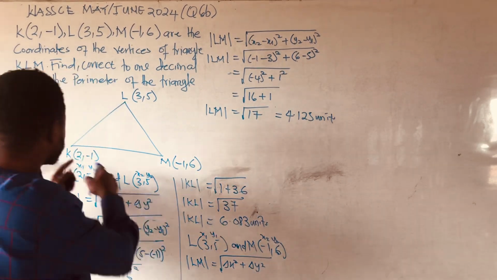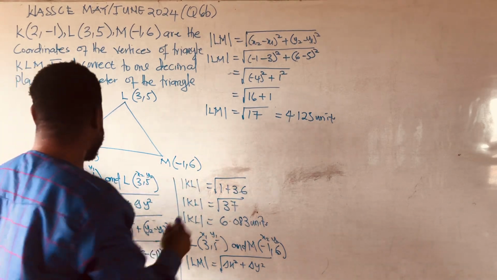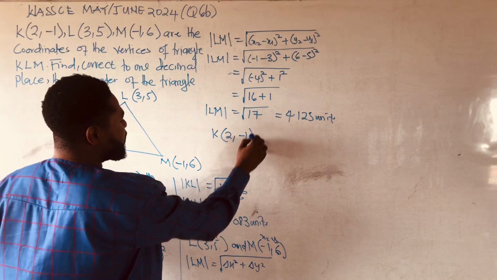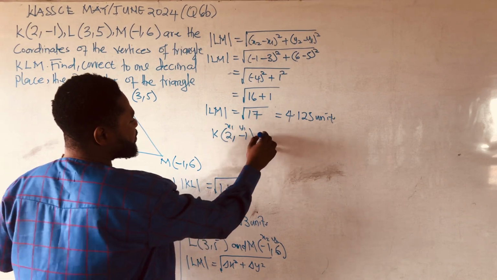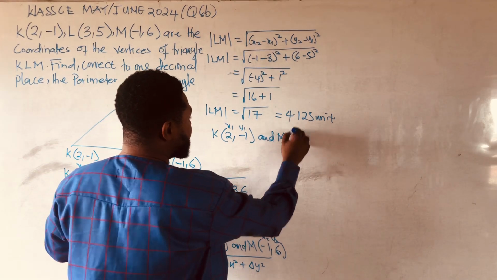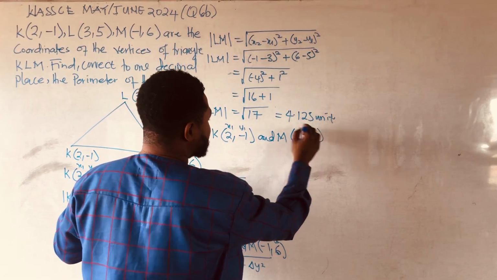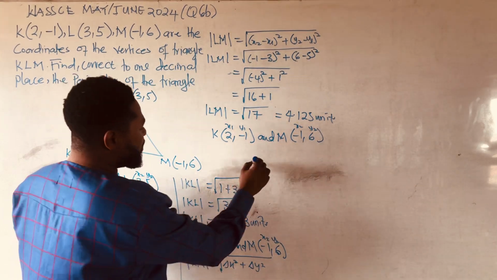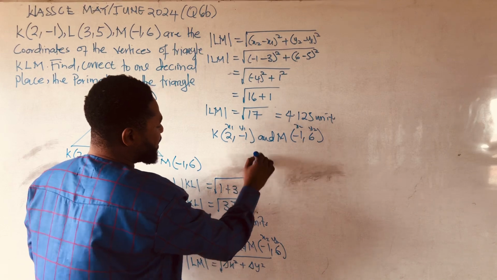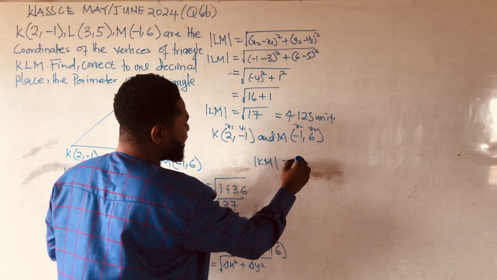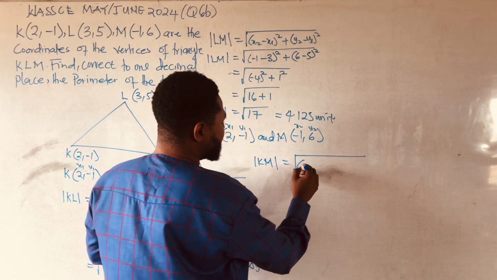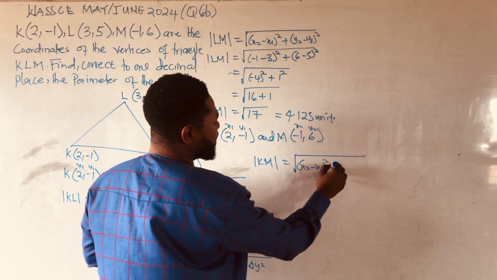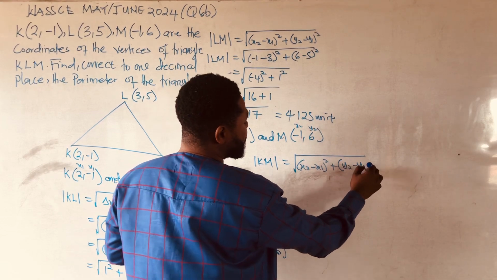Now again, we need to find our KM. We take our K, and the K coordinate is (2, -1). We name it x1, y1. And our M coordinate here will be (-1, 6). We name it x2, y2. So let's see how we can find the magnitude of line KM. Again, we have the square root of (x2 minus x1) all squared plus (y2 minus y1) all squared.